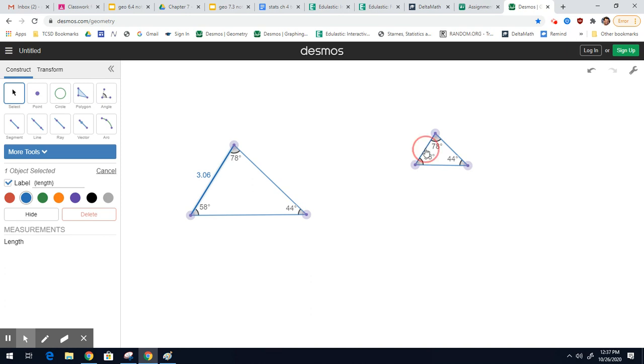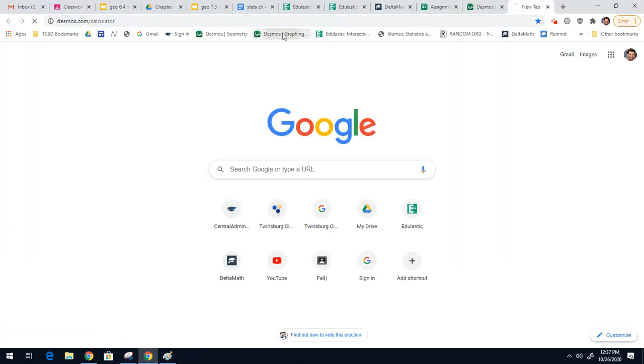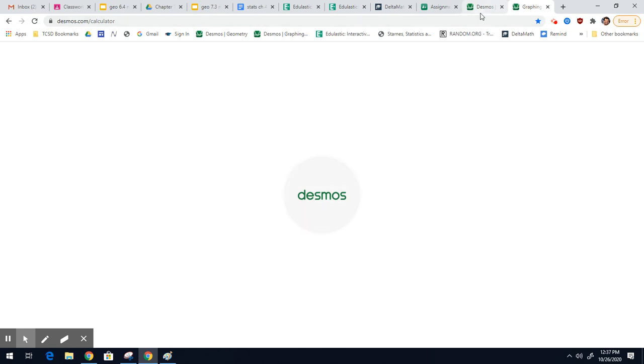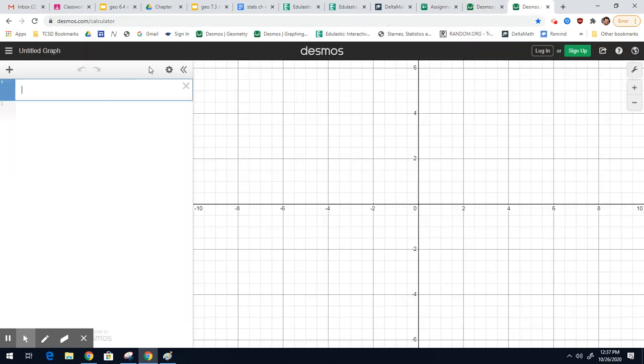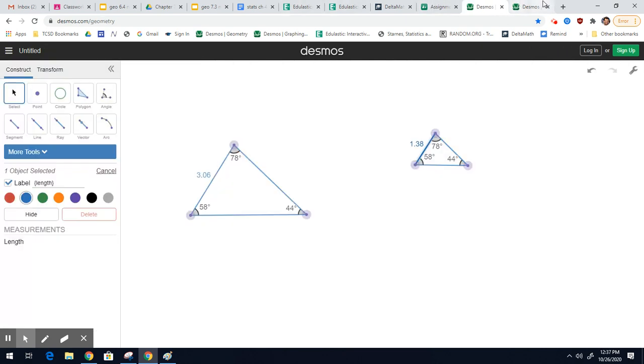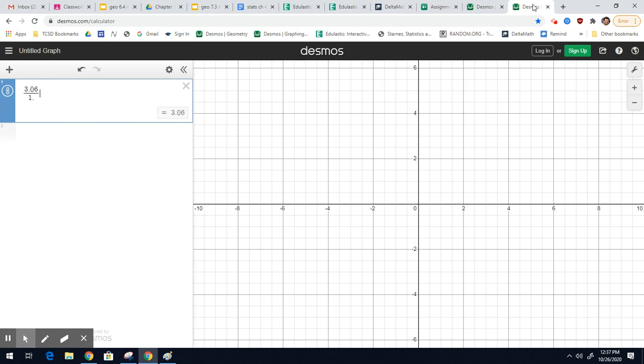Now let's label this side right here 1.38. Now I'm going to put that in a ratio in Desmos graphing calculator. I'll put the bigger side on top. 3.06 divided by 1.38. That's a ratio of like 2.2, okay?